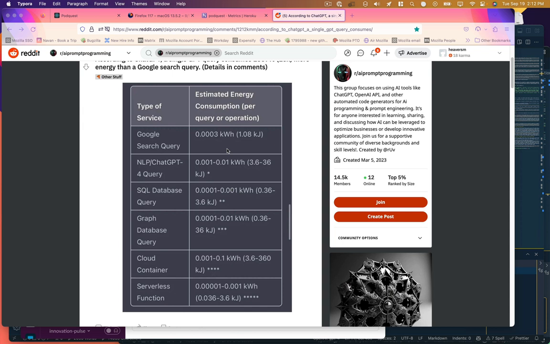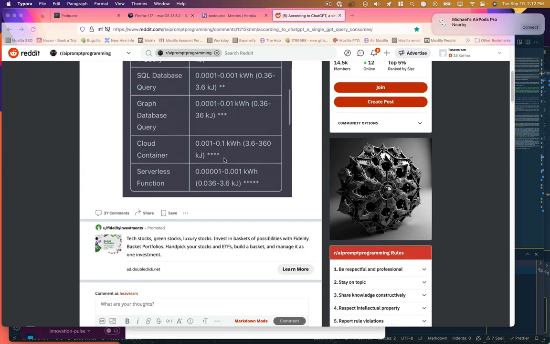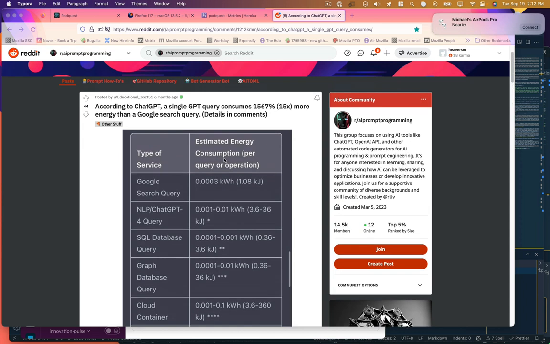It is more energy intensive. I think the figures are probably highly variable, and depend on what you're searching for. They're probably not taking into account the rabbit hole you have to go down with that Google search query to find what you're looking for. But those are the figures on executing the query itself.